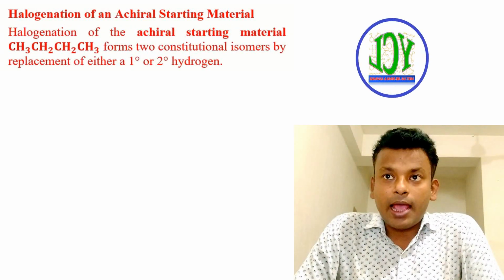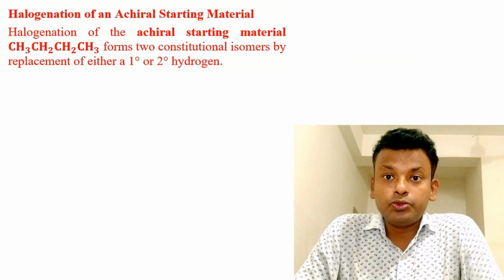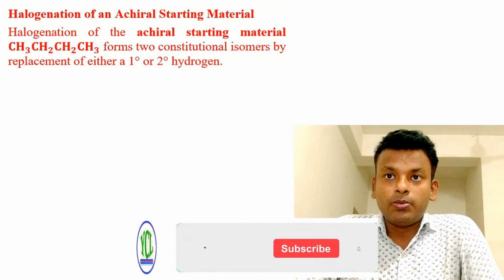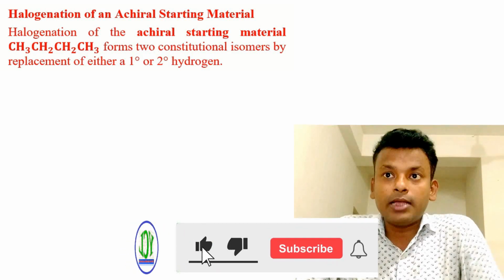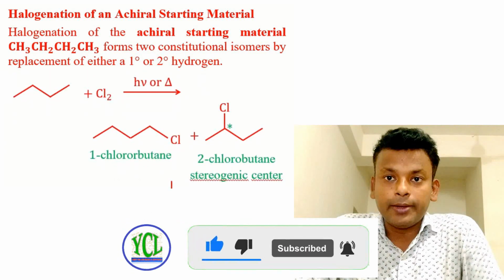And next, halogenation of an achiral starting material. Halogenation of the achiral starting material CH3CH2CH2CH3 forms two constitutional isomers by replacement of either a 1 degree or 2 degree hydrogen, and the reactions are given.